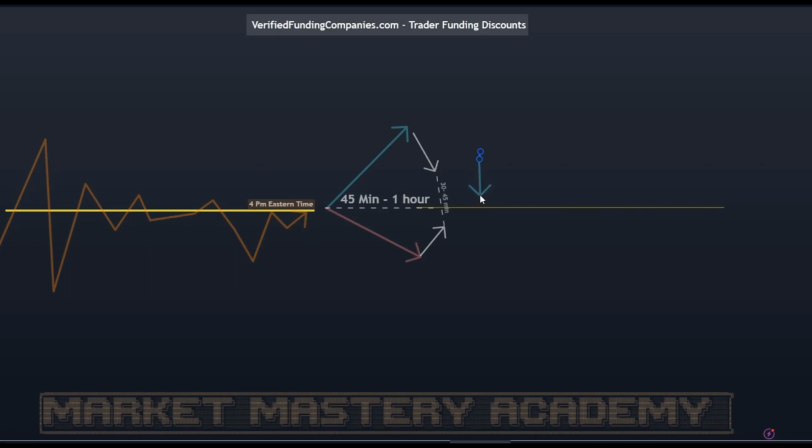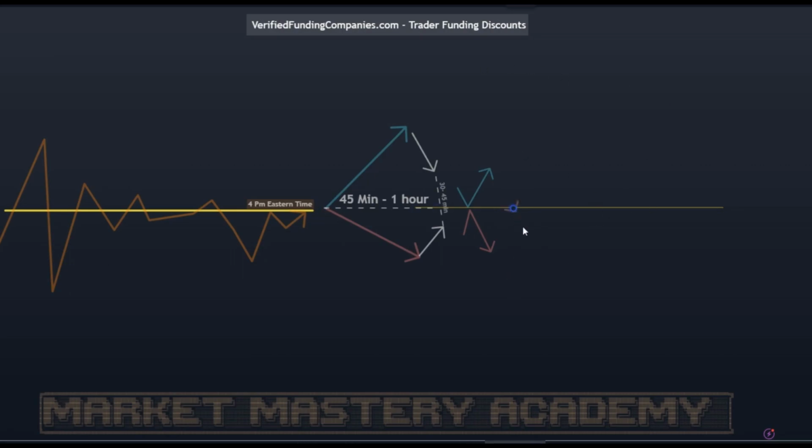Does price come into it, and then go up? Or does it do that for the bearish side also? This is what we're concerned about right here. What happens here? Does price move up, or does it move down after testing the New York close?